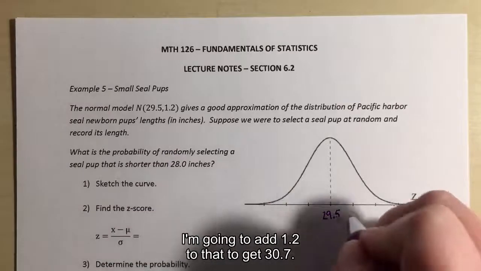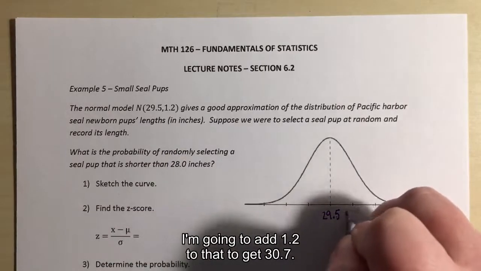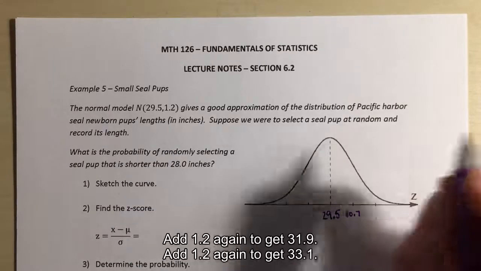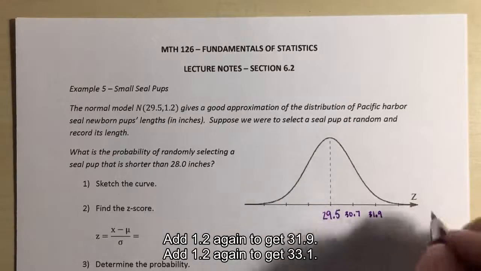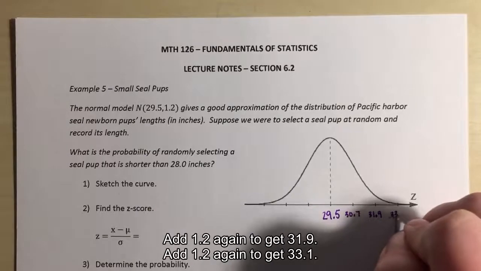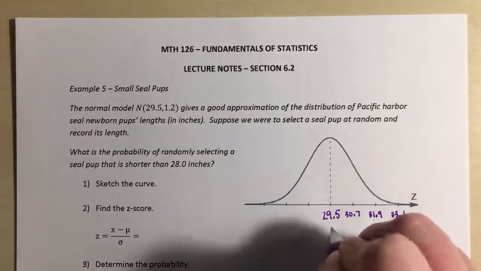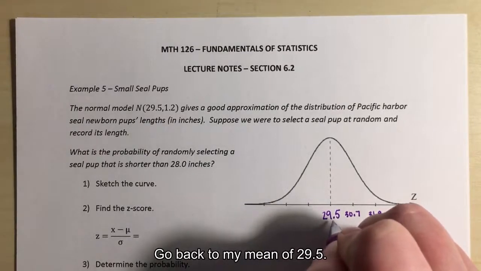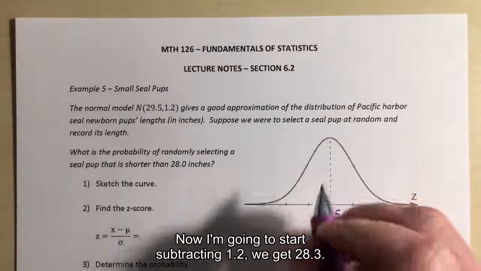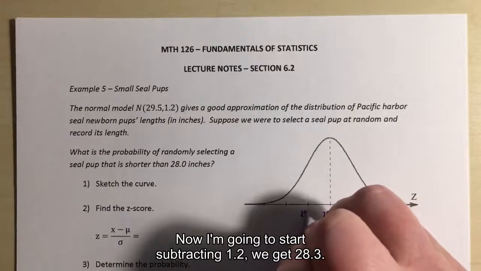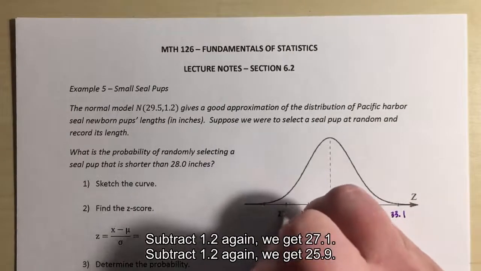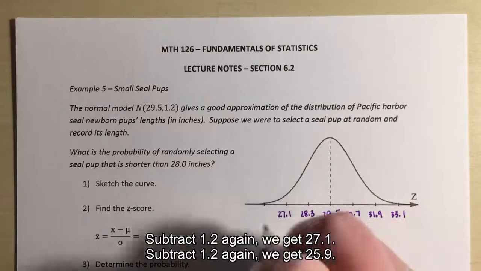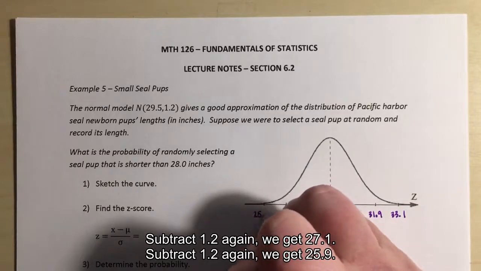So I'm going to add 1.2 to that to get 30.7, add 1.2 again to get 31.9, add 1.2 again to get 33.1. Go back to my mean of 29.5. Now I'm going to start subtracting 1.2. We get 28.3. Subtract 1.2 again, we get 27.1. Subtract 1.2 again, we get 25.9.